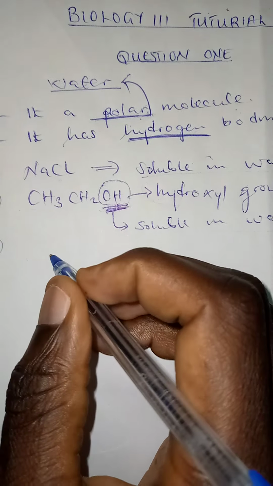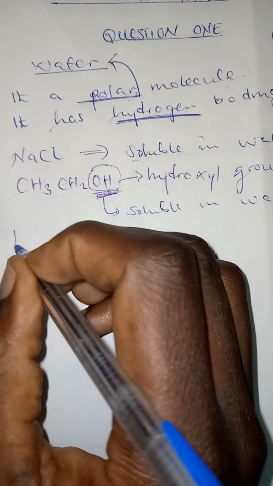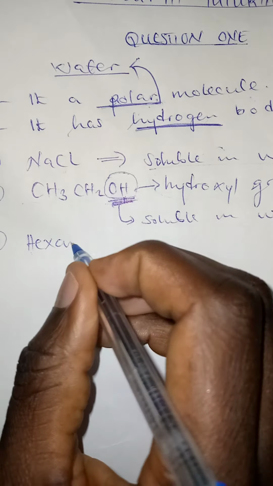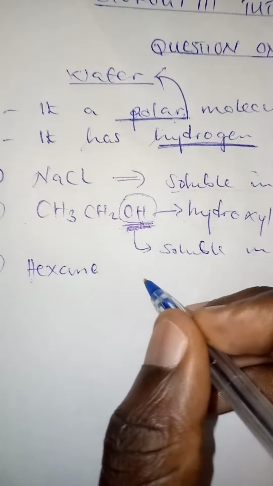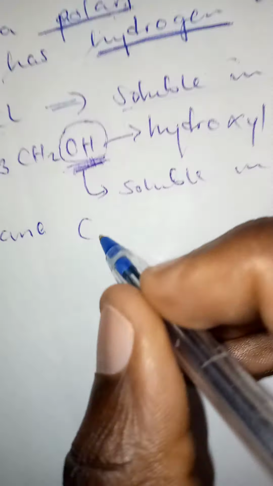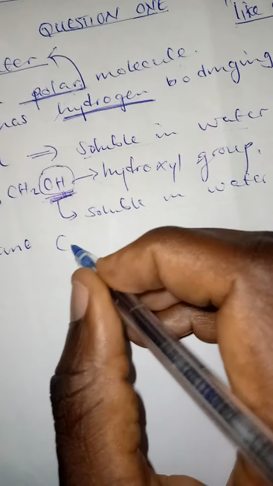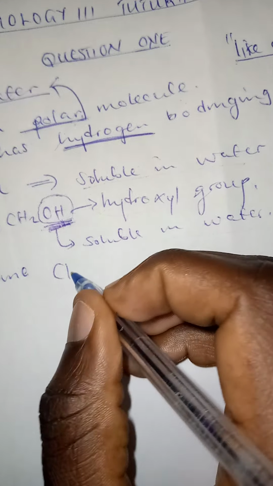On part C, we have hexane. This is your hexane here, and you know this is 6. If we want to write its general formula, it is supposed to have 6 carbons.